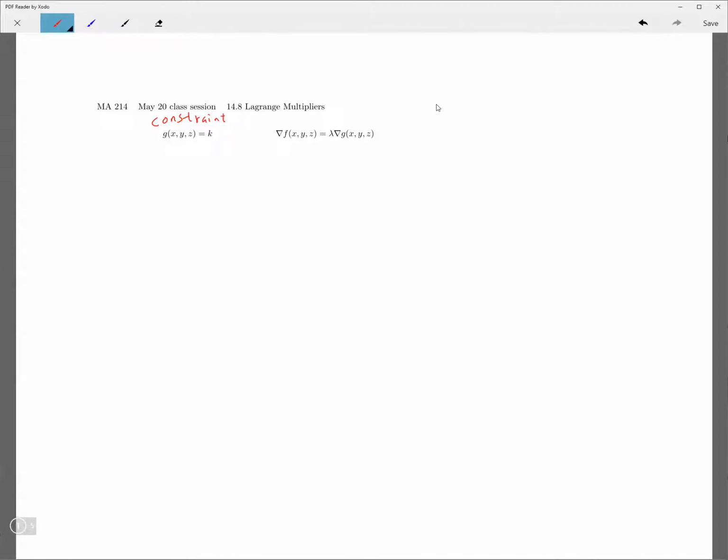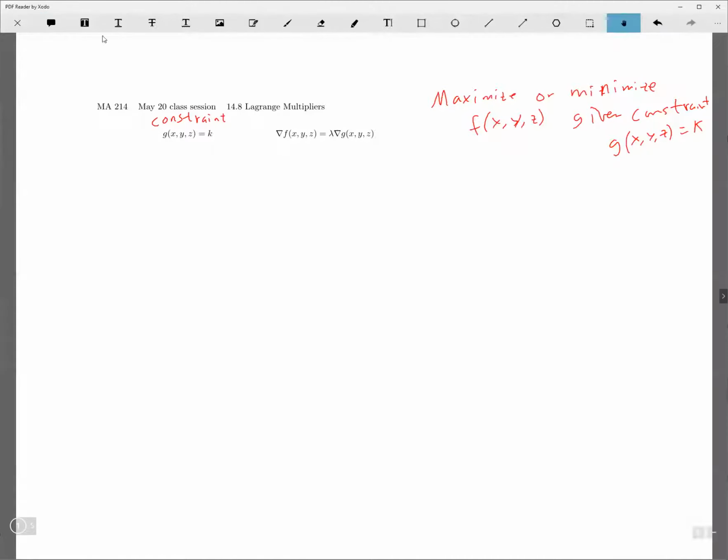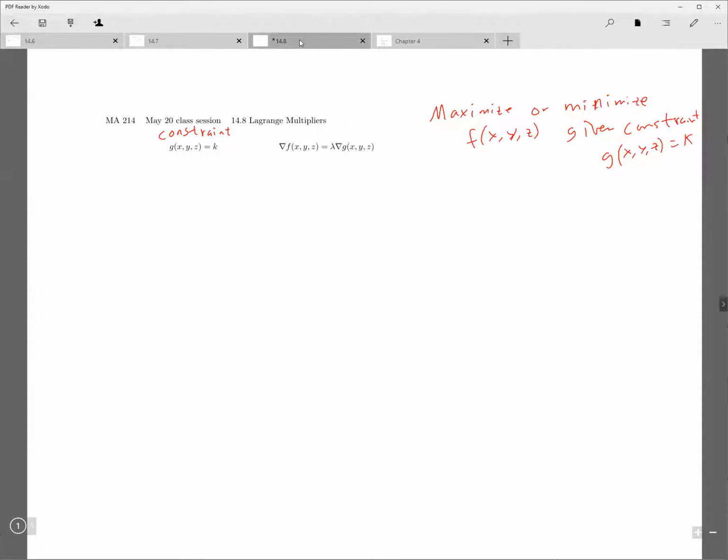The idea is you're supposed to maximize or minimize a function f of x, y, z, given the constraint g of x, y, z equals k.